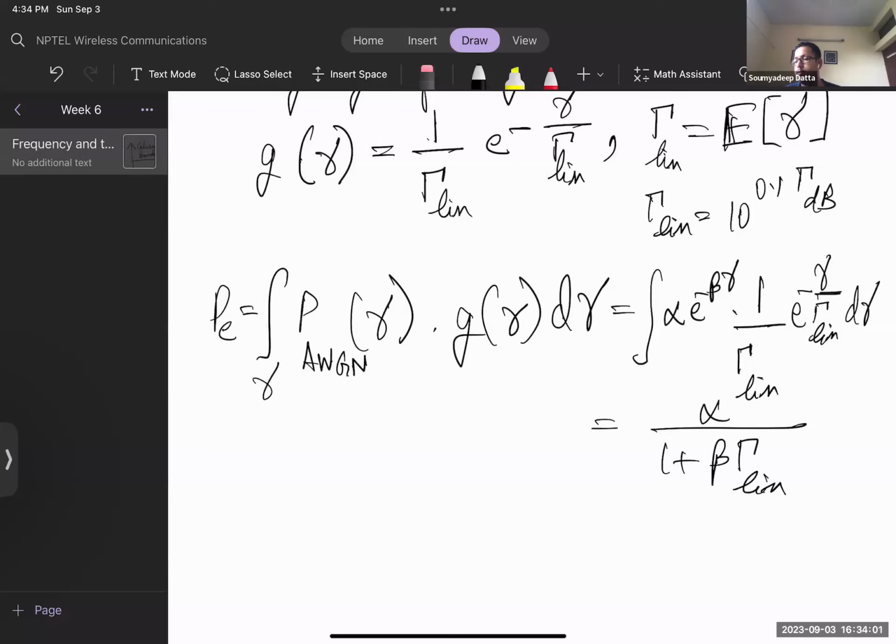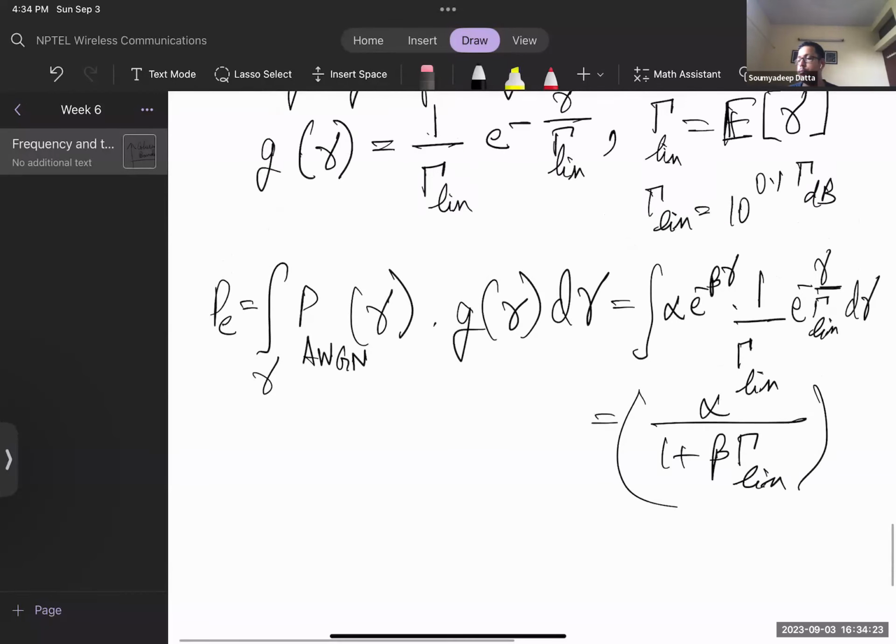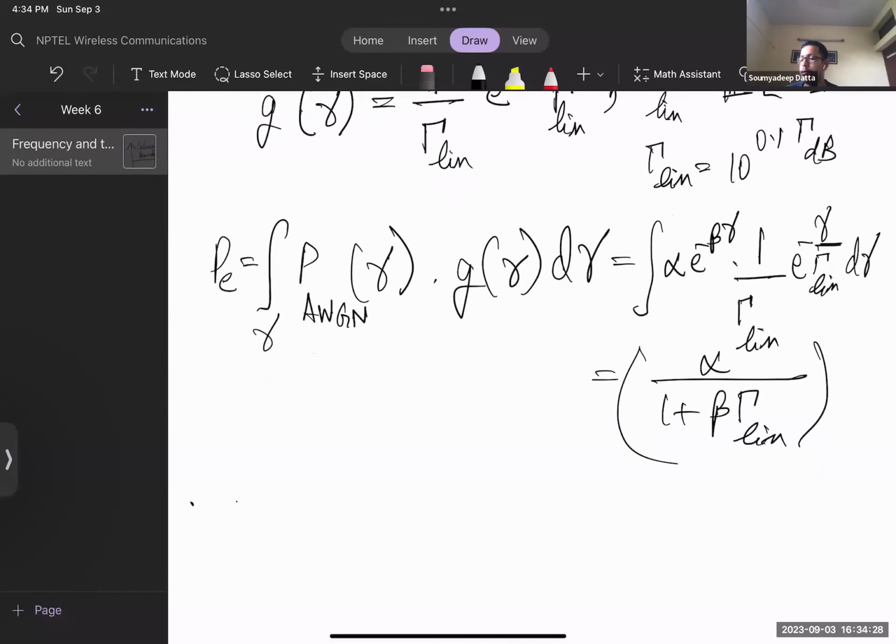Gamma, we're talking about linear. This should be the answer. So that's the quick derivation. Depending on your question, you can just plug in the values. I hope this is clear. This is one kind of question.